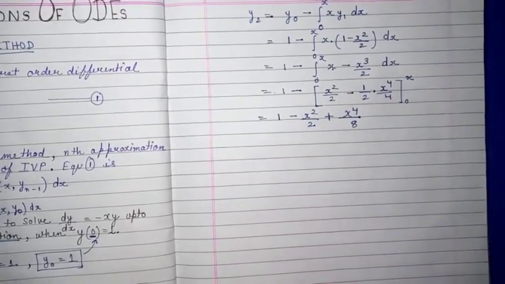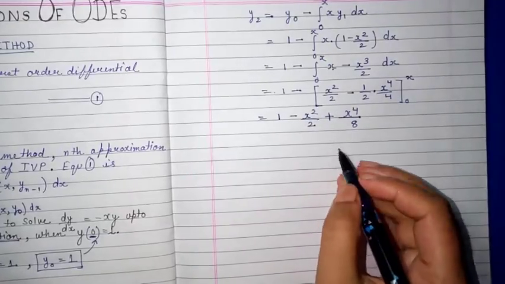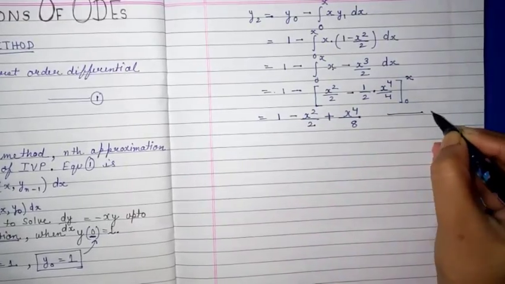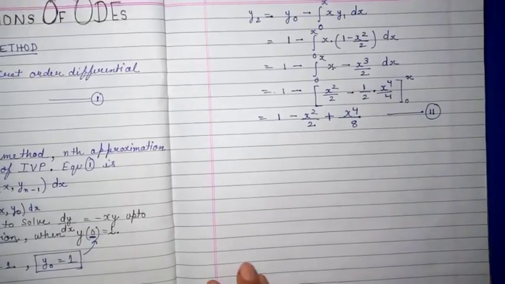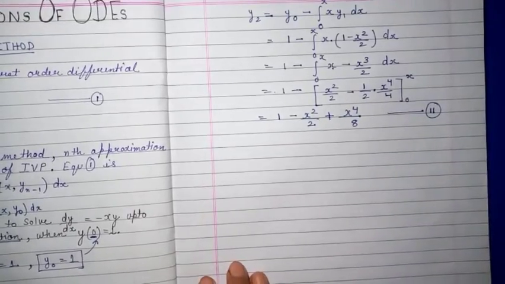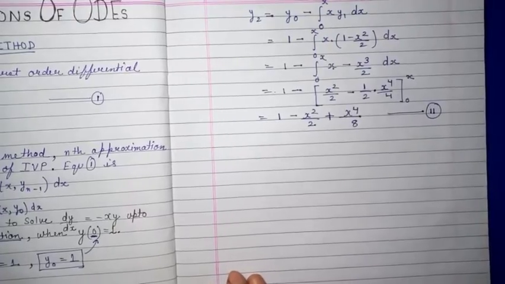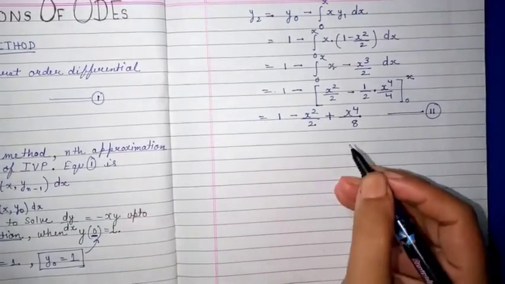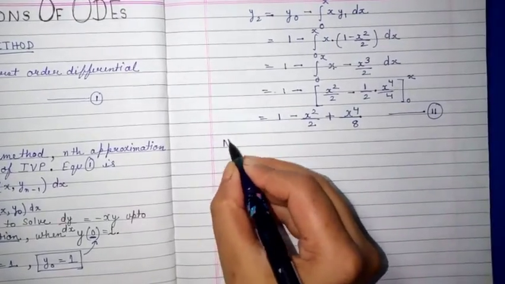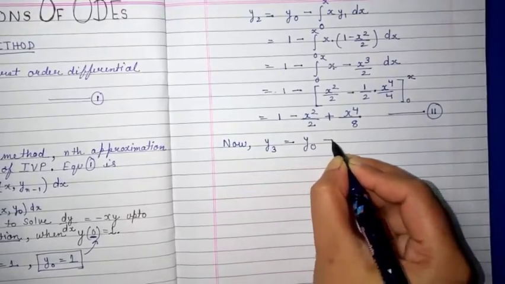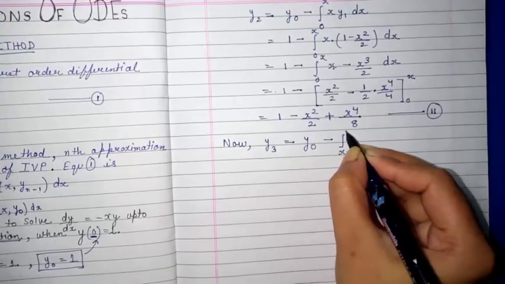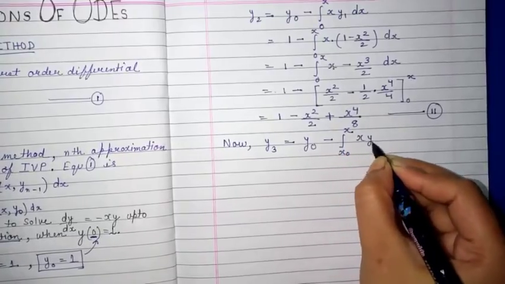Now this is our second equation, and this is our first equation. Now we are going to find the value of y3. How will we find it? y3 equals y0 minus the integral from 0 to x of y2 dx.